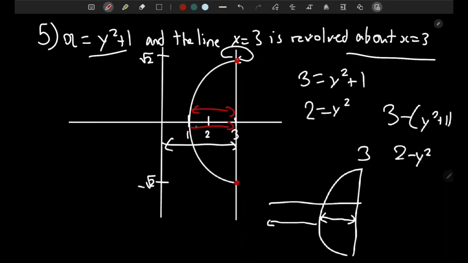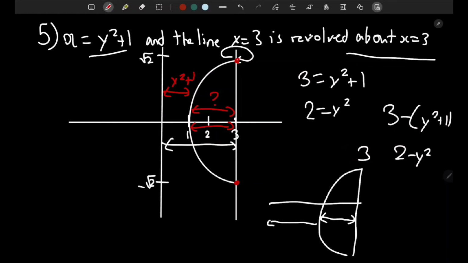And the radius of course keeps changing. So how do we find this radius? It is simply going to be the entire thing minus y squared plus 1, which is 3 minus y squared plus 1, which is the radius.